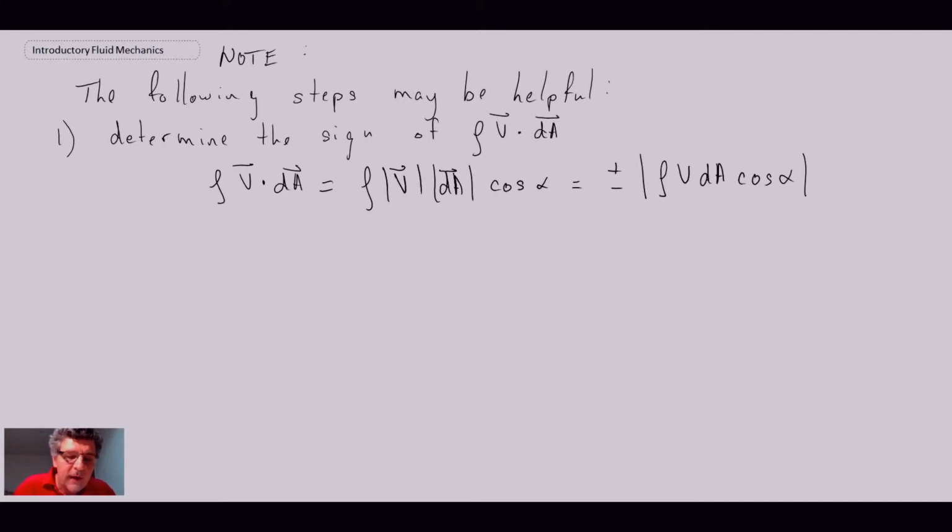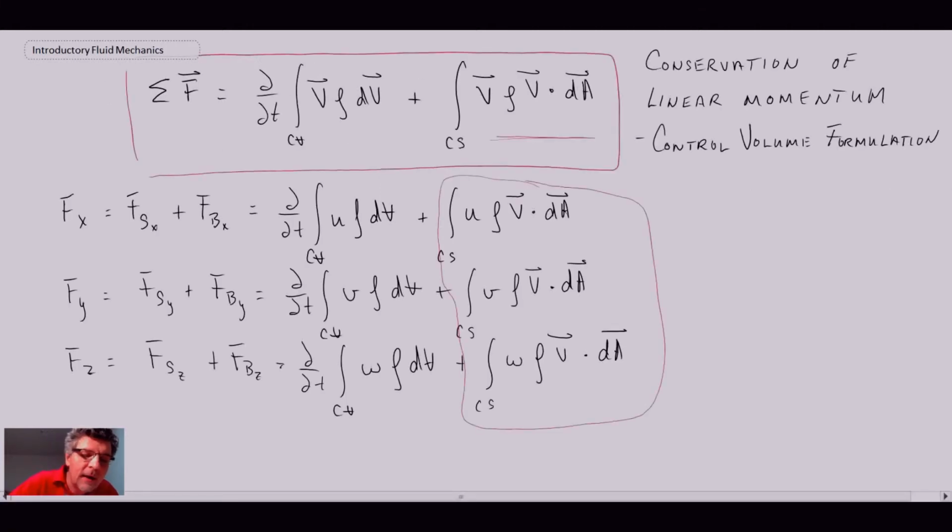The first thing is you'll want to determine the sign of the mass flow rate, so the rho v dot dA. So let's look back at our equation. That means that you'll want to figure out the sign of this, this, and this, and figure that out independently first.